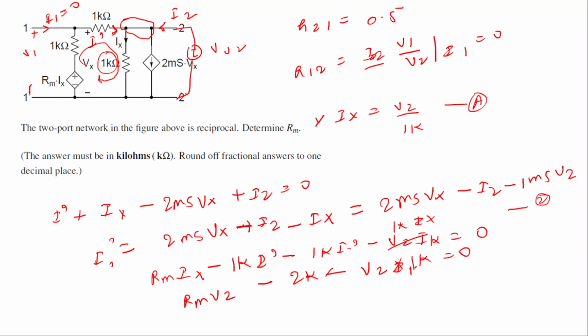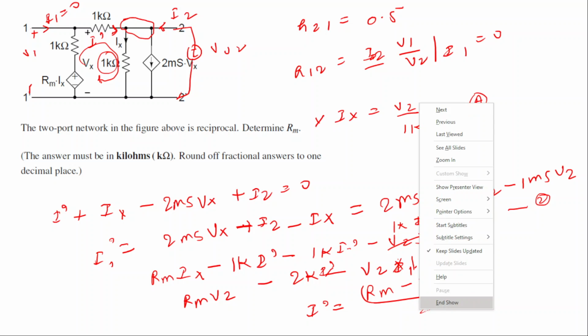Now our 2k times I dash. So now our I dash will be equal to 2k times, we can take the right hand side, so Rm minus 1k multiplied by V2 by 2k.